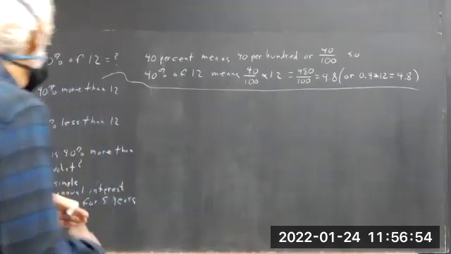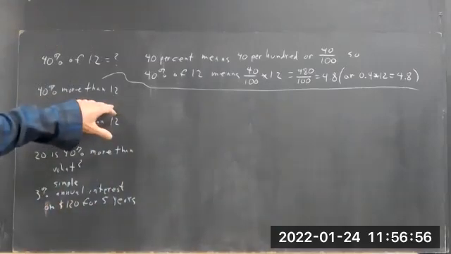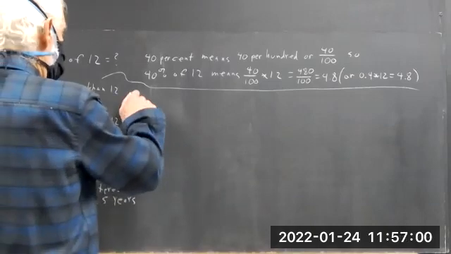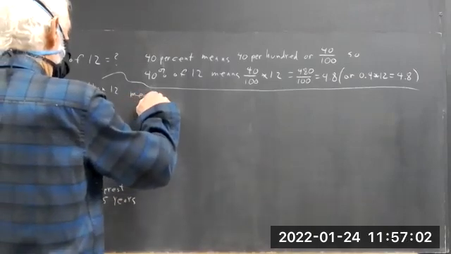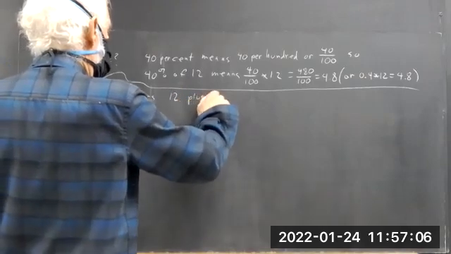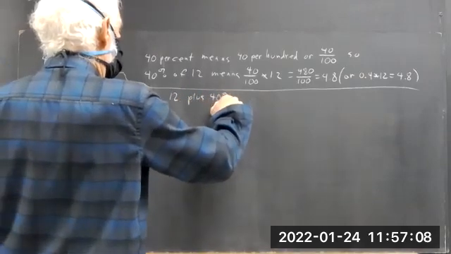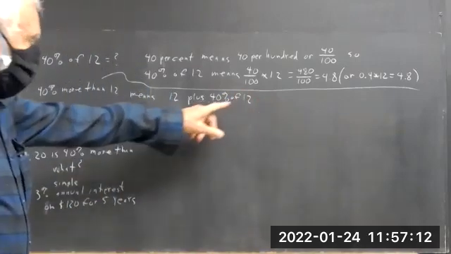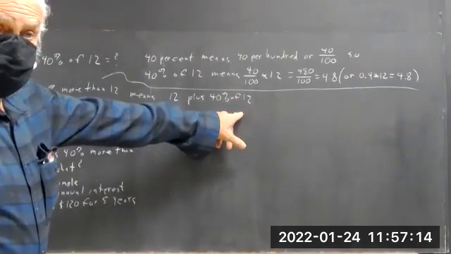Okay, what's 40% more than 12? Well, it means 12 plus 40% of 12, right?